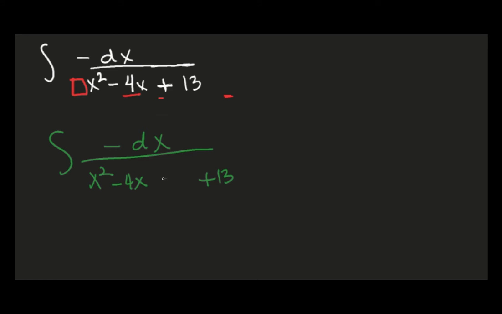What happens when you square that negative 2? Plus 4. And since I just introduced a new term, what do I do? Good. So now when I did that, I have to rewrite the problem.